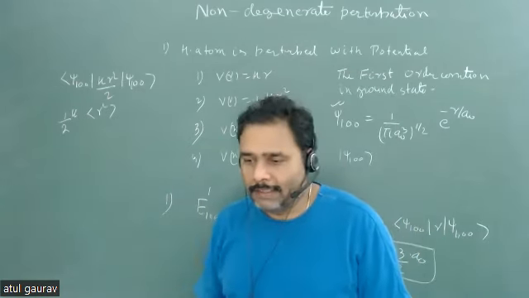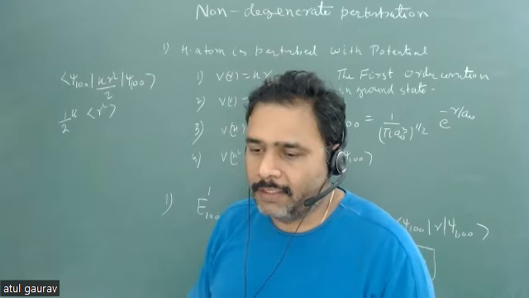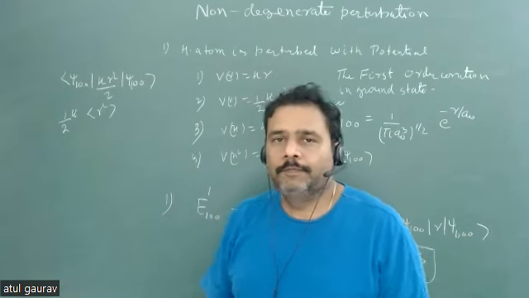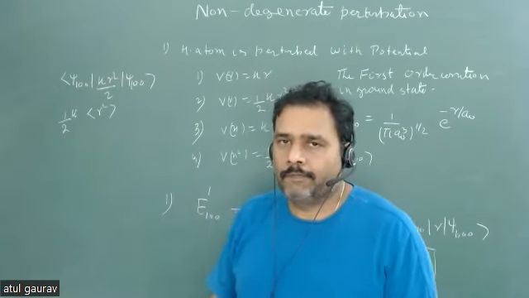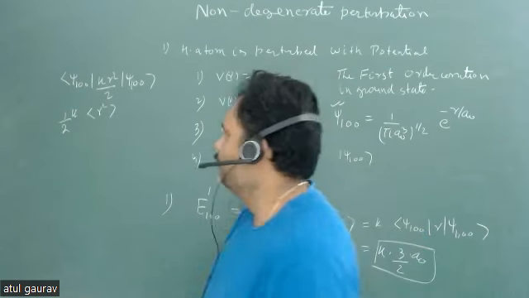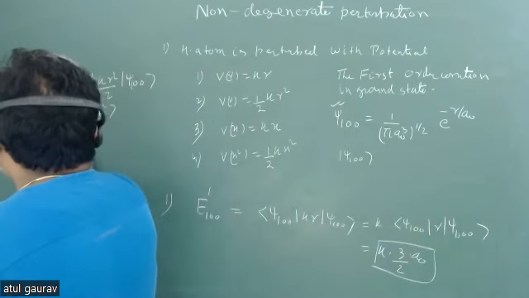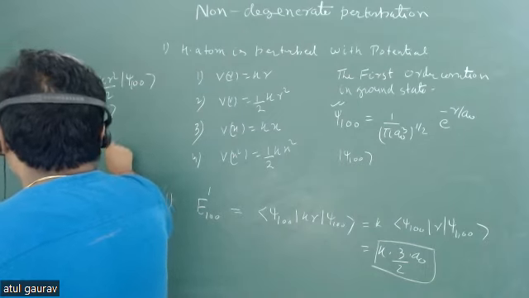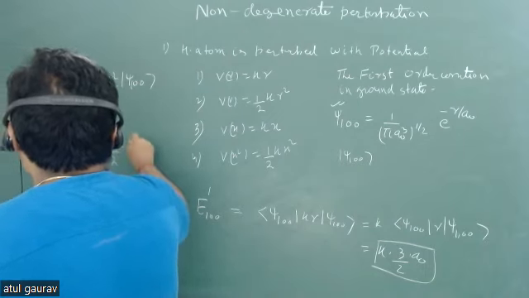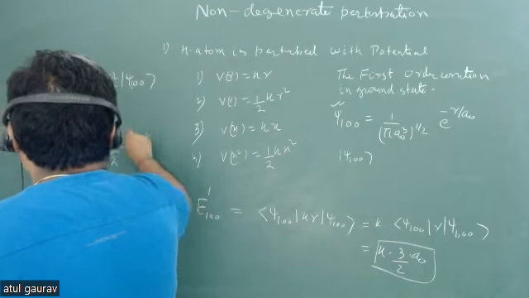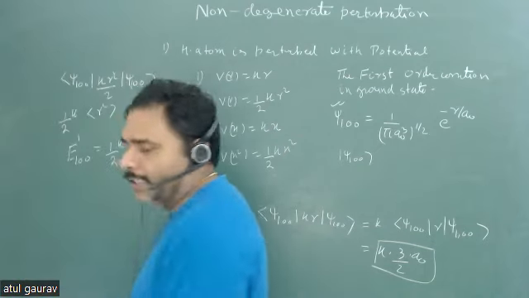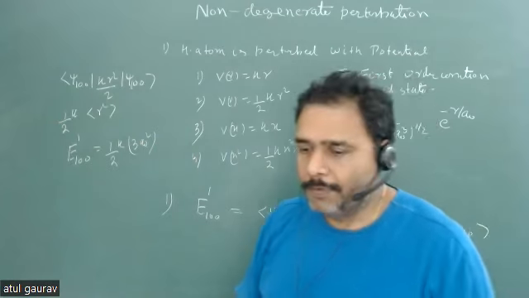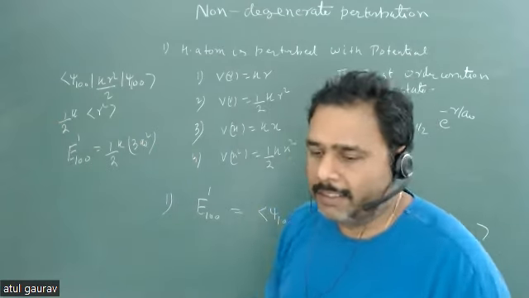I told you to revise and come. What will be the average value of r squared? 3 a naught squared. Very good. So that value is half k times 3 a naught squared. We have calculated all this earlier. If you go and revise in your copy, everything is there.